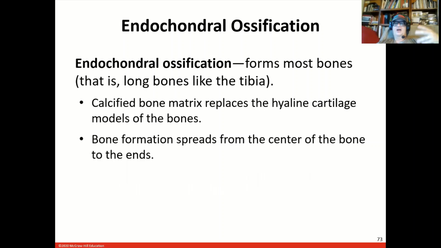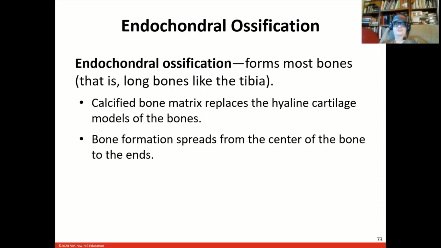We have a hyaline cartilage model of the bone, and where it says calcified bone matrix replaces the hyaline cartilage models, understand, we're going to break down the hyaline cartilage and replace it with bone matrix. It's not that we just pump some calcium ions into the cartilage. It's possible to mineralize cartilage, but mineralized cartilage is still not bone.